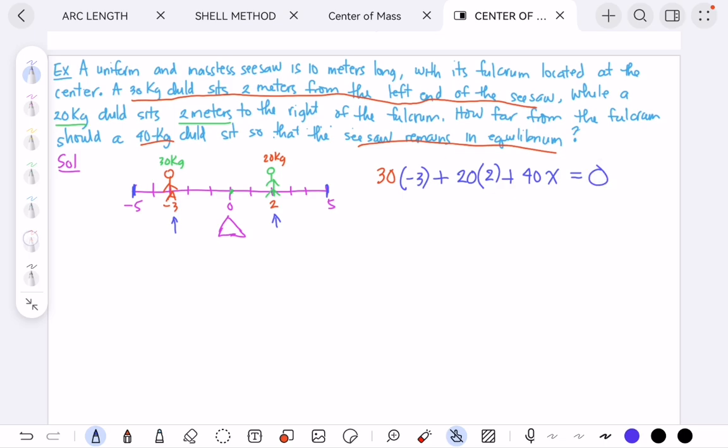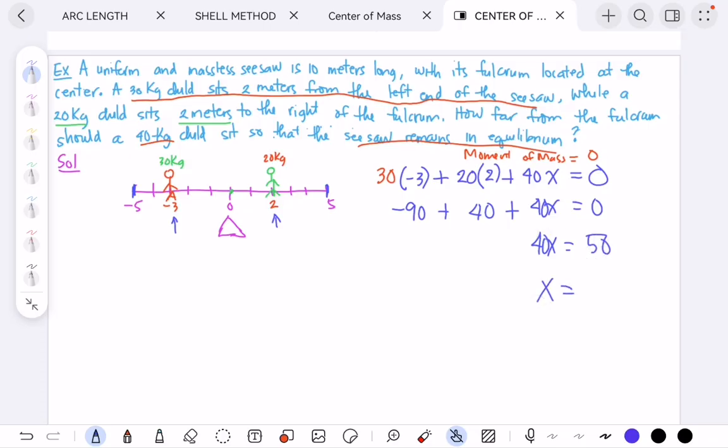Let me write that here. Actually, what we have here is moment of mass equal to 0 to ensure that the seesaw is in equilibrium. Now let us solve. This is negative 90 plus 40 plus 40x equal to 0. So 40x is equal to, we have negative 50 here, moving that to the right side of the equation, 50.